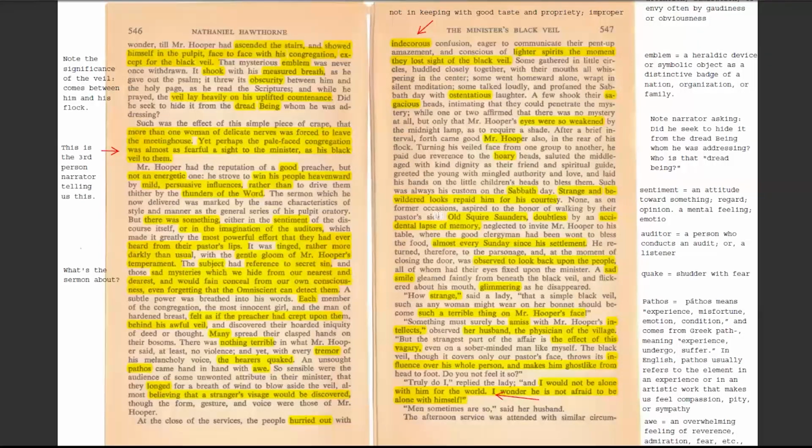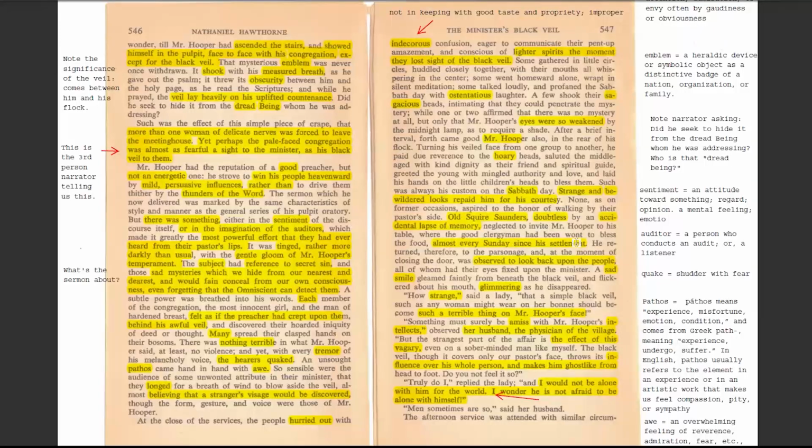None, as on former occasions, aspired to the honor of walking by their pastor's side. They're avoiding him. Old Squire Saunders, doubtless by an accidental lapse of memory, says the narrator, neglected to invite Hooper to his table, where the good clergyman had been wont to bless the food almost every Sunday.